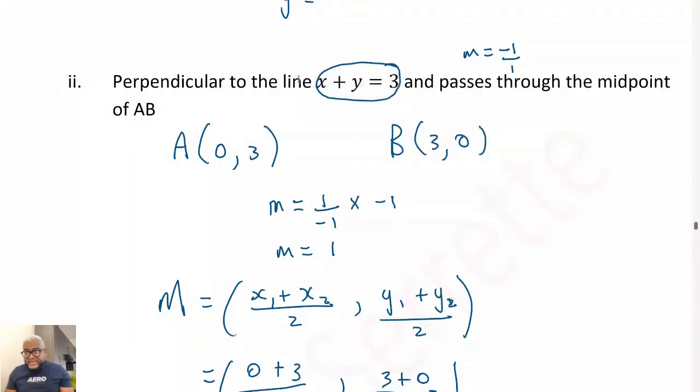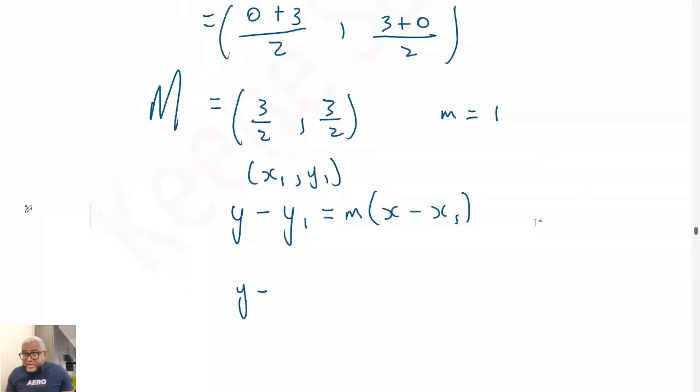This is the perpendicular, a line that is perpendicular to the given line. Look, it's telling you what it passes through. It passes through the midpoint of AB. So did we find the coordinates of the midpoint of AB? Right? So what would y1 be? Well, y1 would be 3 over 2, yeah? And what is m?